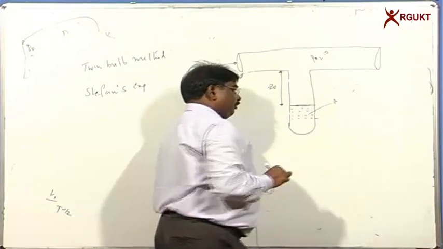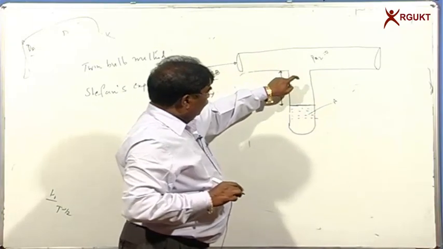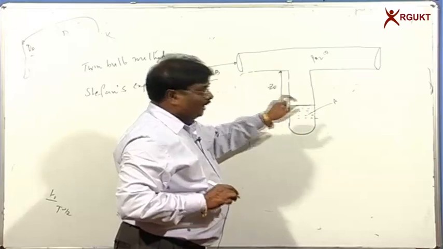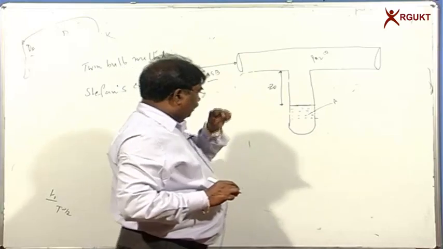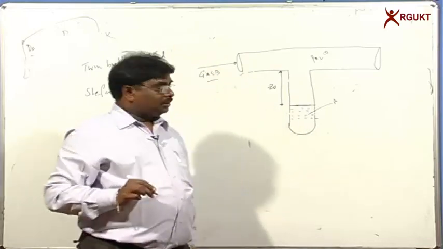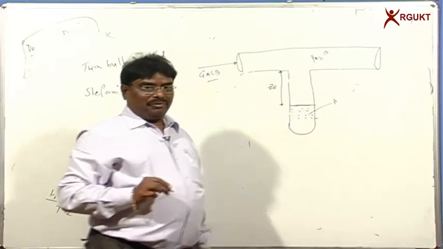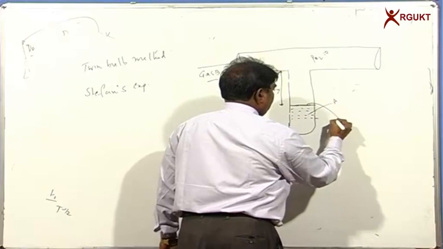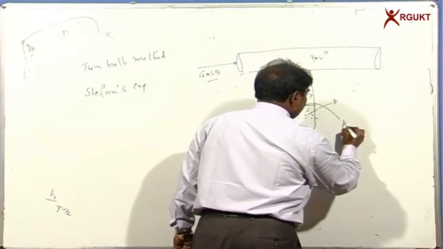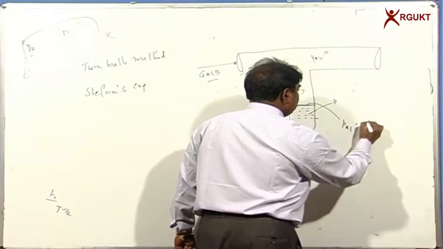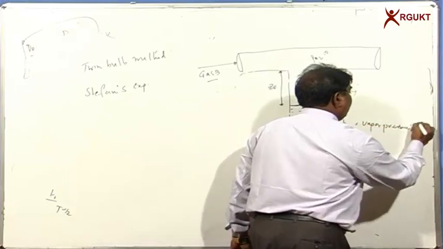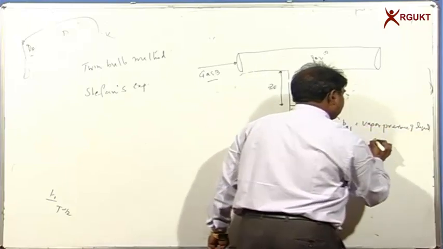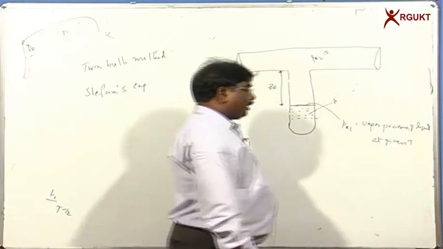The surface formed between the gas and the liquid is the interface, and if the system is at saturated conditions, the partial pressure of the liquid at the interface is PA1, that is nothing but the vapor pressure of the liquid at the given T. Do you understand or not?